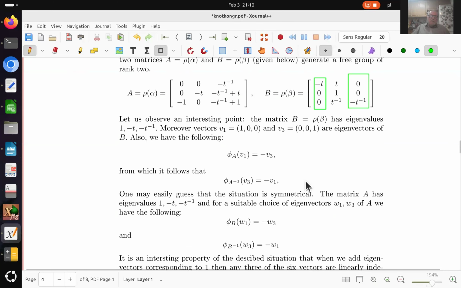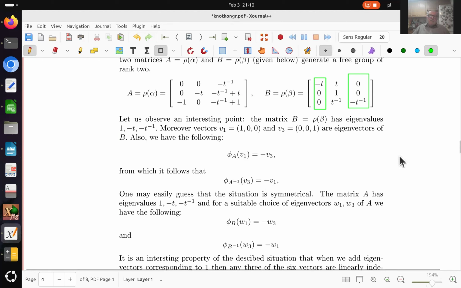Of course, it doesn't toggle them. It's not true that phi of V3 would be minus V1. It's not that good, but phi A inverse of V3 surely is minus V1.